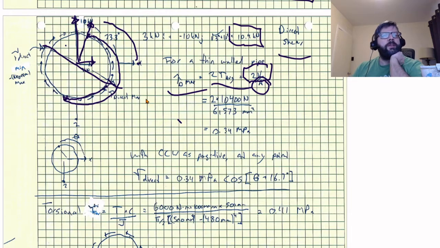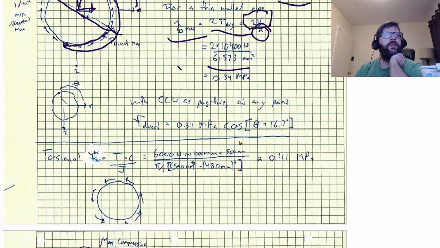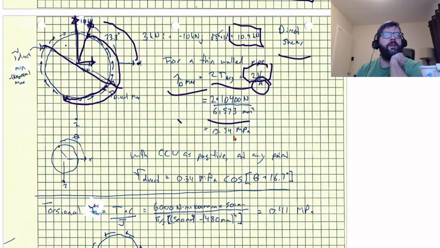So the magnitude of that, again, 2 times the 10.4 kilonewtons divided by our area, which we calculated up here, gives us 0.34 megapascal. And since we're looking at this, the y-axis is about here, so counterclockwise is positive.